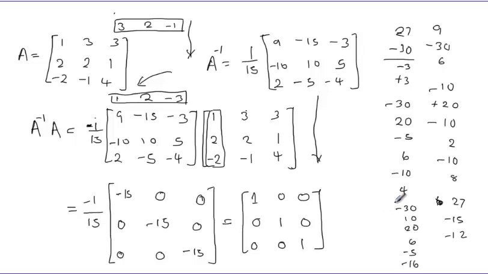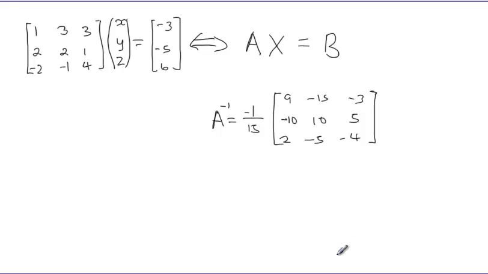Now let's go back right at the beginning. At the beginning, we took our system of equations and put it in matricial form. That is the matrix representation of the system.